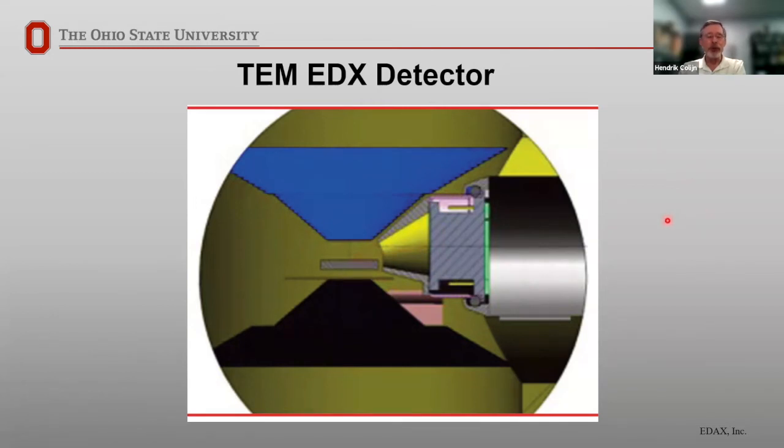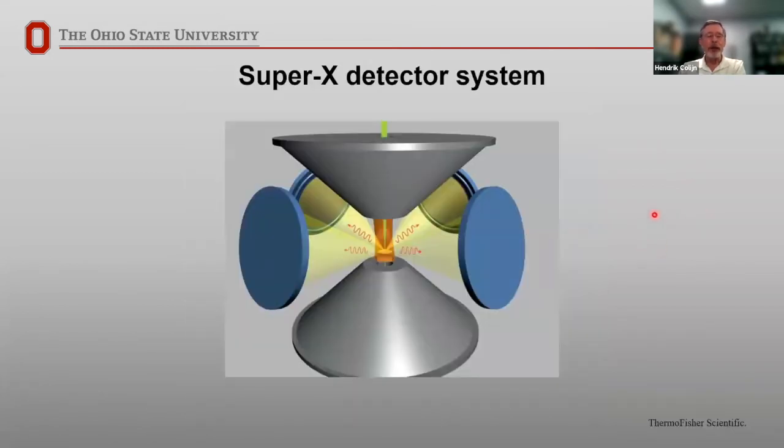Now, the newer systems that are coming from Thermo Fisher have what is called the Super X detector system. These are actual SDDs that are built into the column itself. Thermo will put 4 SDDs all the way around your sample so that you can leave your sample in the horizontal plane.